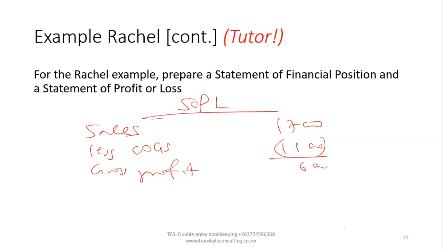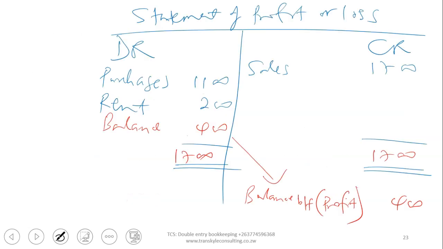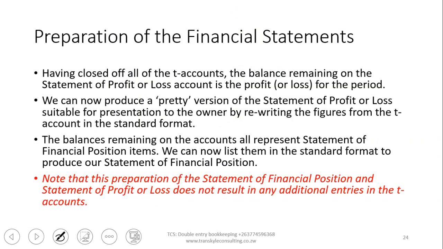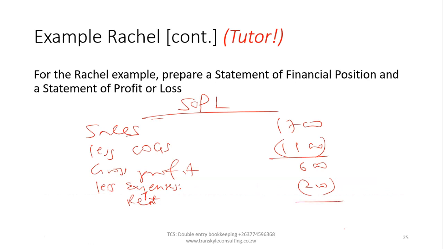Gross profit here is 600, and then less other expenses, where we have rent. The rent was 200, and there are no other expenses, so you can see that the profit becomes 400. This is the net profit, $400.